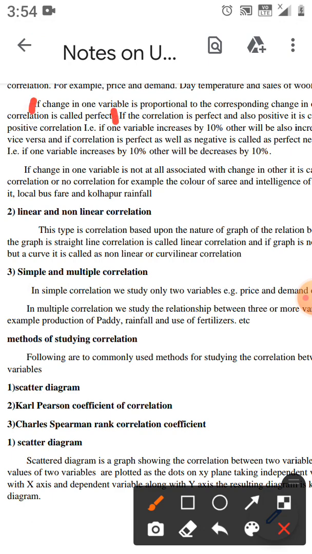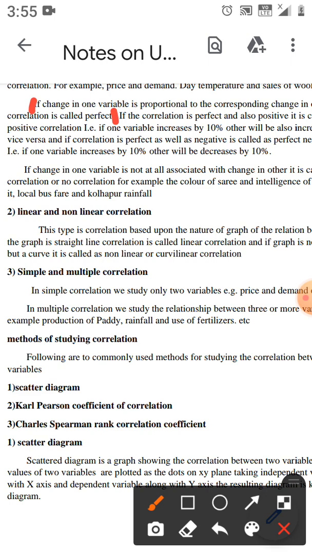If both variables change proportionately in the positive direction, that is, if one variable increases by 10%, the other must increase by 10%, or if one variable decreases by 10%, the other must decrease by 10%, then there is a perfect positive correlation, because both variables change in the same direction as well as proportionately.